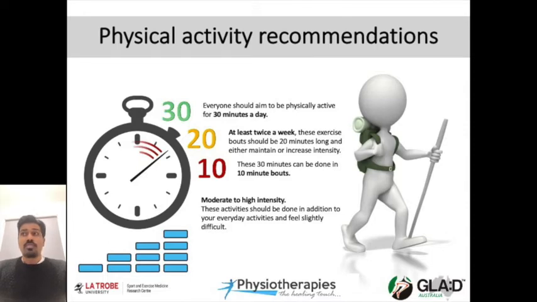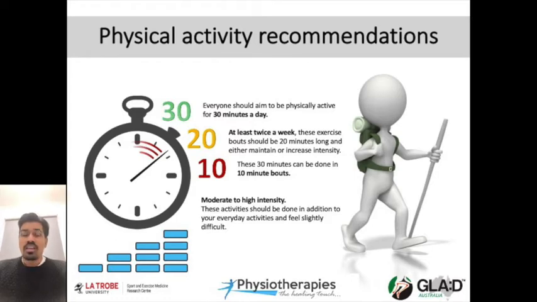Let's say you've never exercised and you're not able to do 30 minutes to start with. You can break it into small bouts of 10-15 minutes and do it twice a day in the beginning. Or if you're even more fragile and weak and can hardly get up and walk, just try and walk around your house, around the kitchen bench, or from your front door to the mailbox and back a couple of times a day.